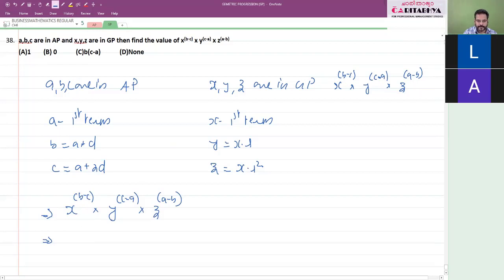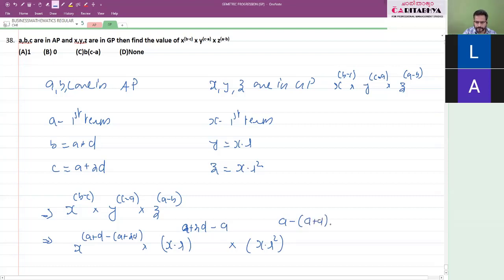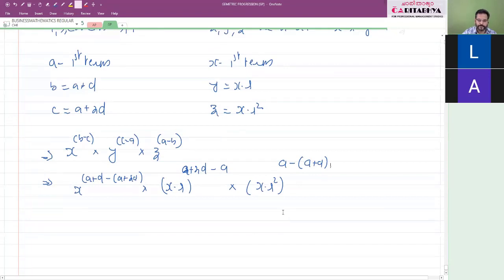So what is in place of x? x itself. What do we give in place of b? a plus d minus c, minus of a plus 2d, into, in place of y, what do we give? x r raised to c, c is a plus 2d minus a, into z is x r square raised to a minus b, a minus of a plus d. Simplify and we get the answer.